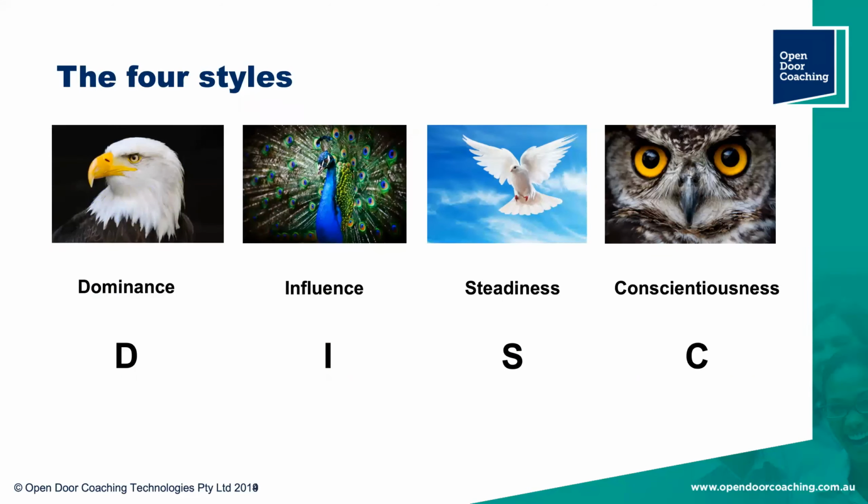Tanya, steadiness, conscientiousness. Yeah, and it's quite common to have a combination of styles. Jill says the owl. Okay, cool. Nice. And there's 4 boxes here, right? So we can't just say the whole world falls into 4 boxes. It's common that people have a variety of styles, but you will have a strong preference for one or the other.